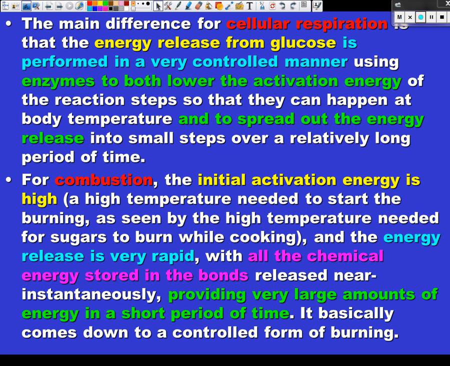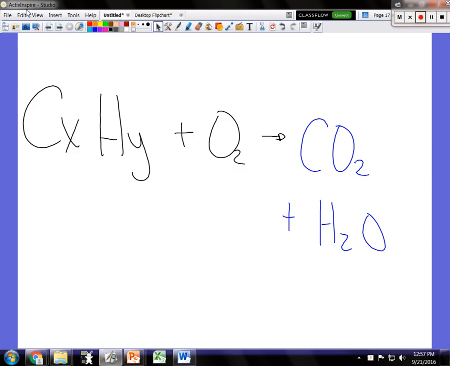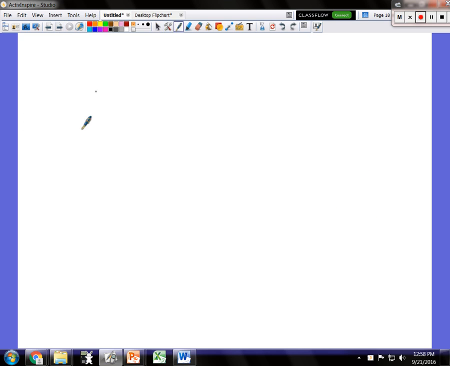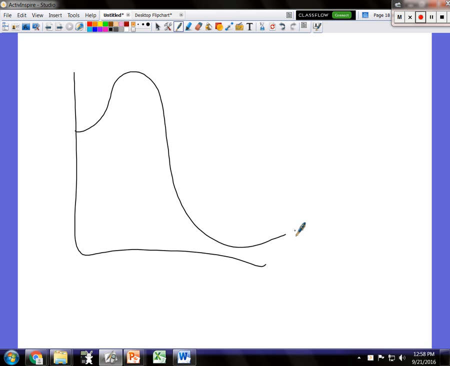So the enzymes, this is important. This is the biology, but we're going to get into this. The enzymes control the reaction in a controlled manner, using enzymes to lower the activation energy. This is something that some of you have seen before, but it has been a really long time. This was a type of reaction graph.